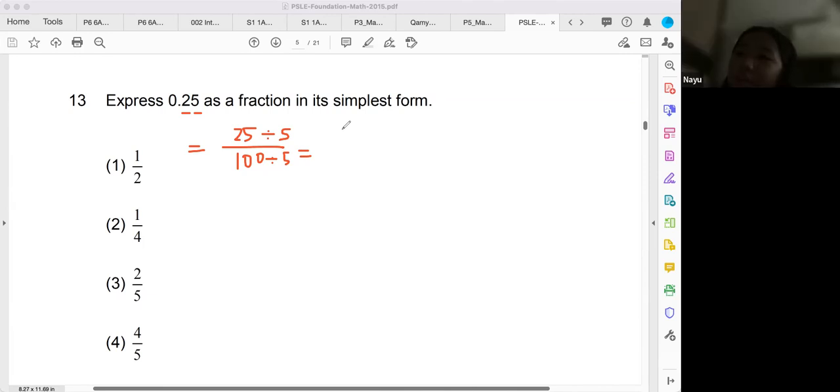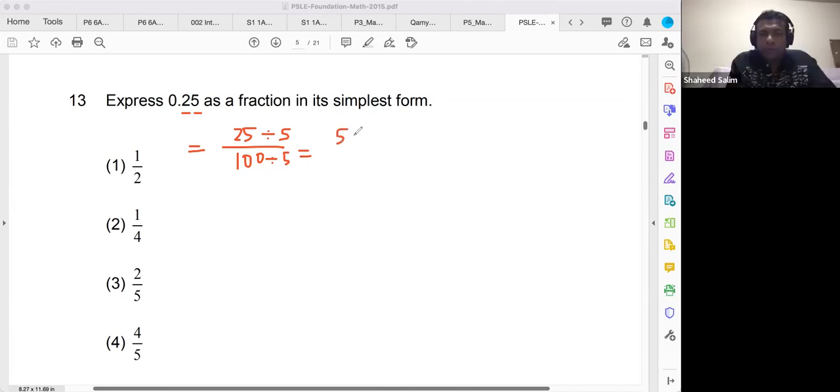Divide by 2, 50 over 20. Okay, 50 over 20 is correct. Can't get 50 yet. 5 times 5, 25 out of 20.